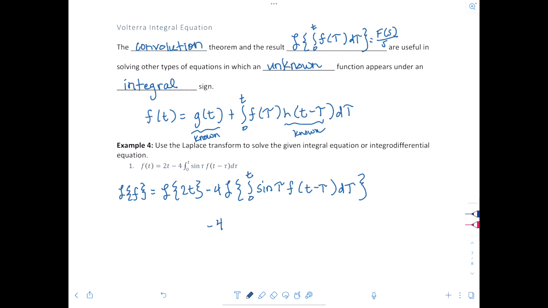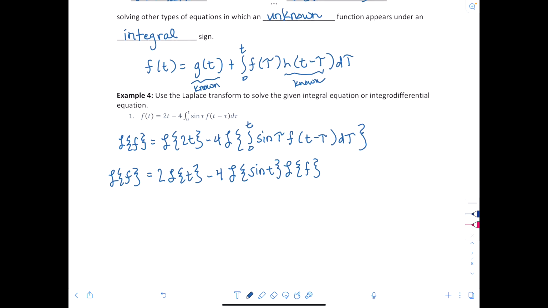So coming back, we can rewrite this whole last thing as minus 4 times L of sine t times L of f. And then this one over here is going to be 2 times L of t, and then we have another L of f over here.